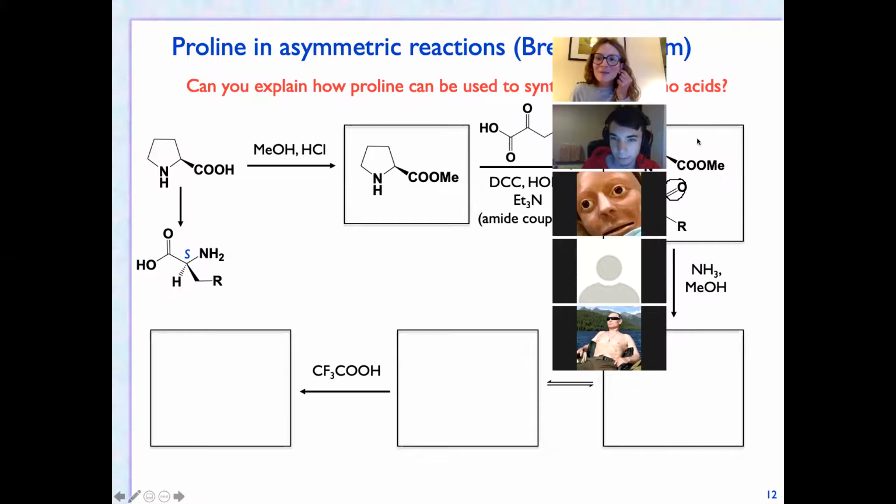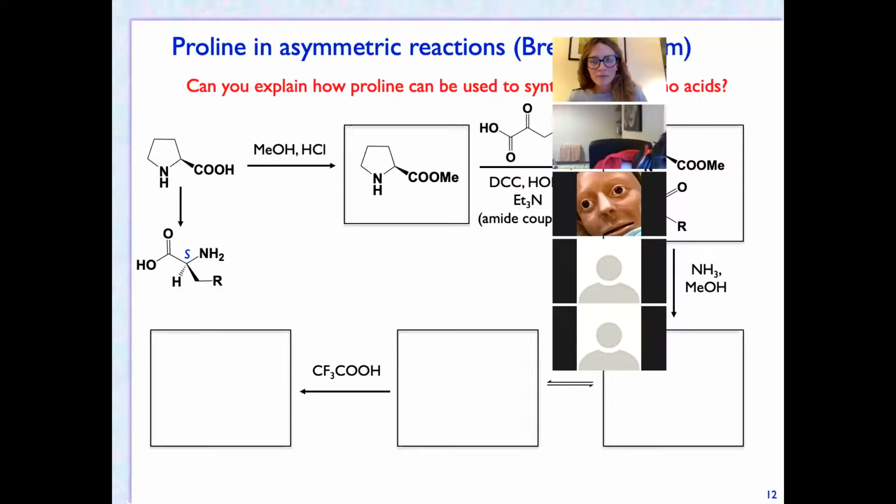We have something else. Anyone, guys? Yeah, there. What happens there, Jacob? So we have an ester. What happens if we treat with ammonia? The amine attacks there. Yes, and what do we form? Amide. Very good.